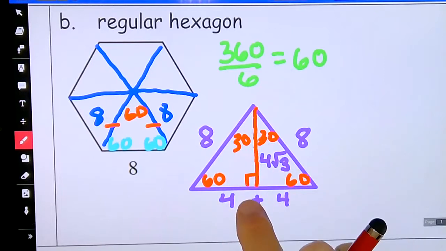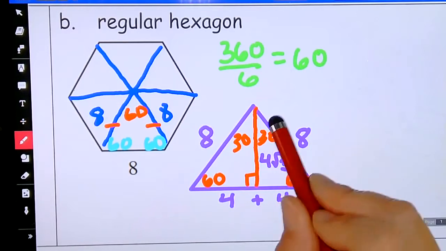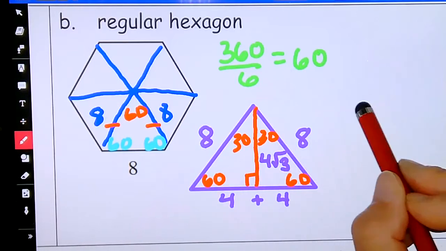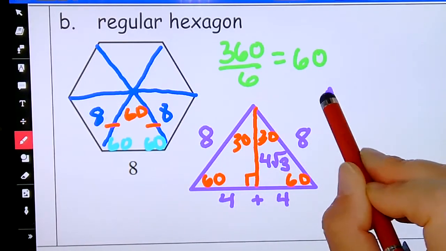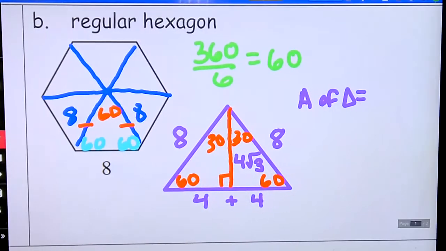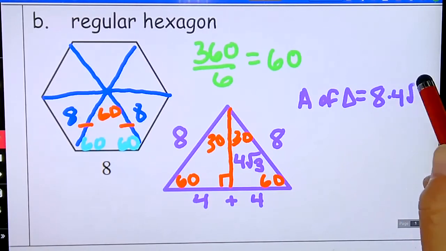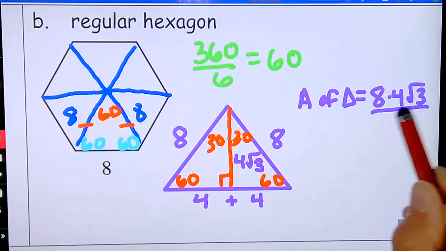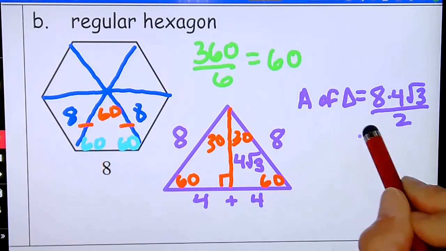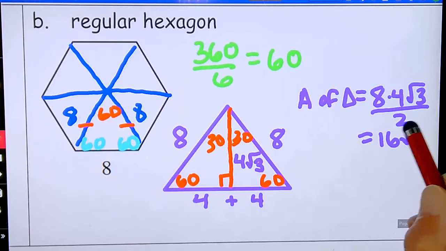So now if I want to find the area of this triangle, the area of the triangle is going to equal my base, which is 8, times my height, which is 4√3, divided by 2. So that is going to give me 16√3 when I do that math.